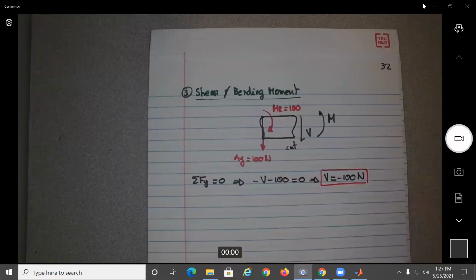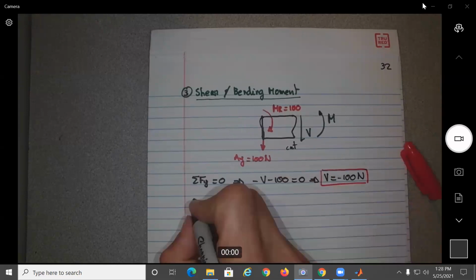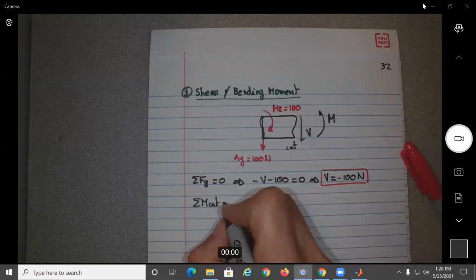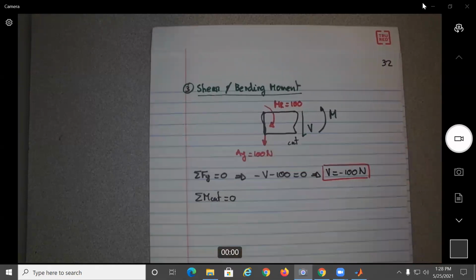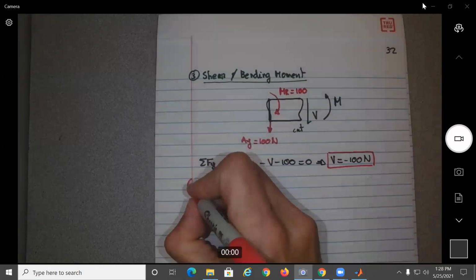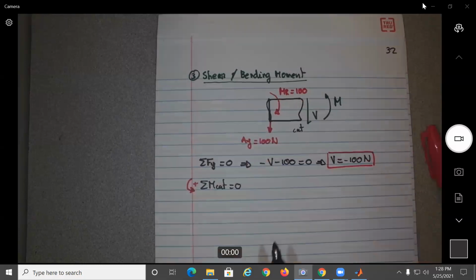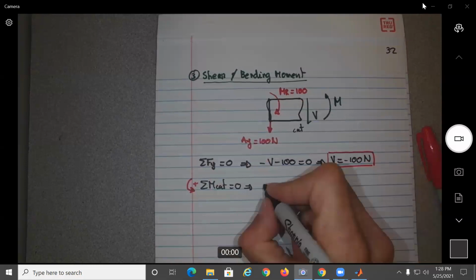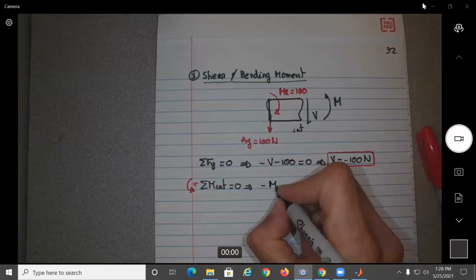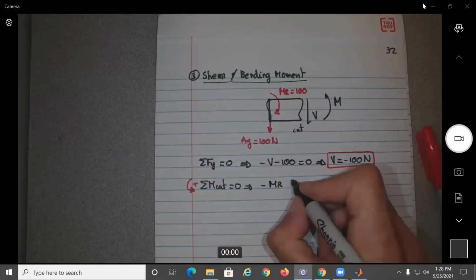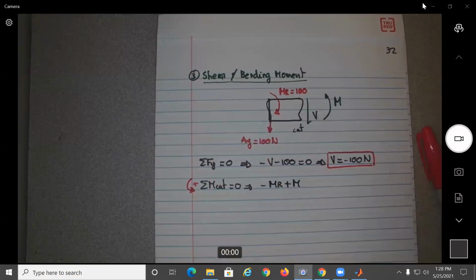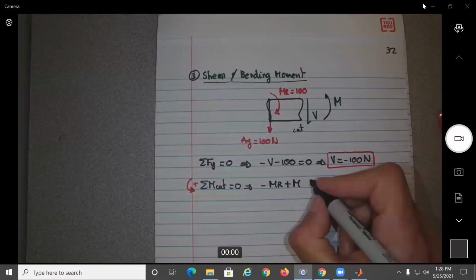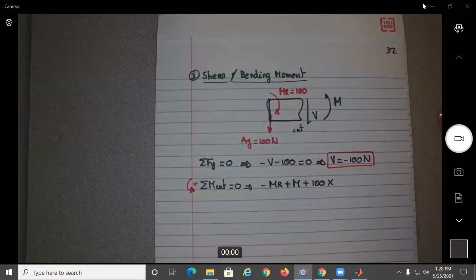And if we do the summation of moments about the cut, you're going to get that minus M sub r plus M plus 100x.